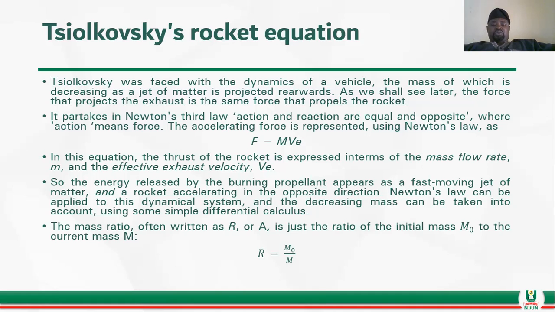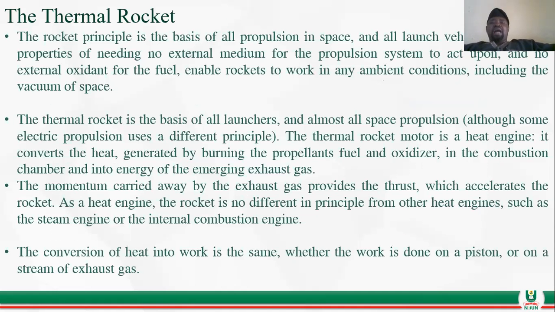The mass ratio, often written as R, is just the ratio of the initial mass, m0, to the current mass, m. As you can see in the equation below, R equals m0 over m. Now, the thermal rocket. The rocket principle is the basis of all propulsion in space.